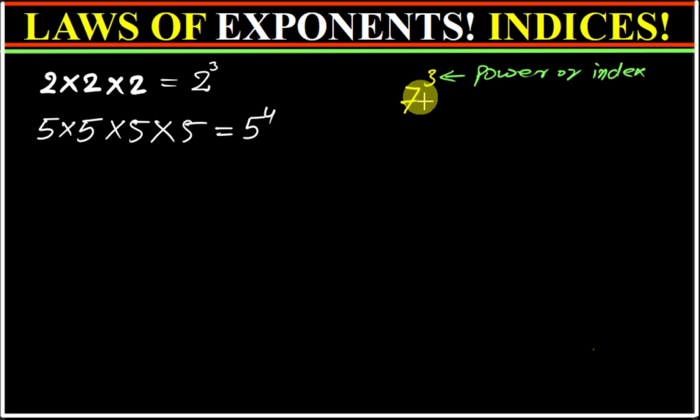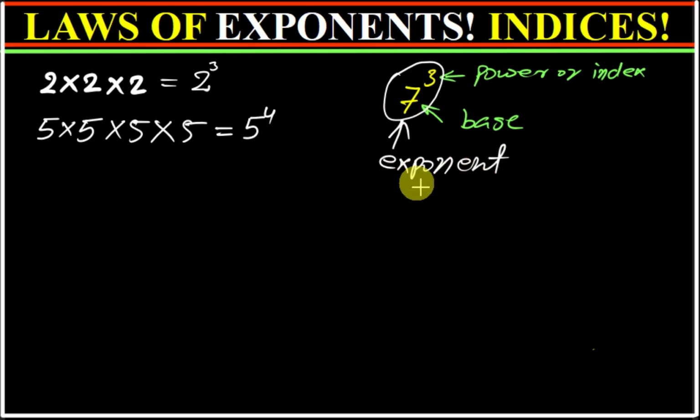And this number is called base. So the base is 7 and the power is 3, or the index of 7 is 3, and this whole thing is called exponent, or index, or indices.